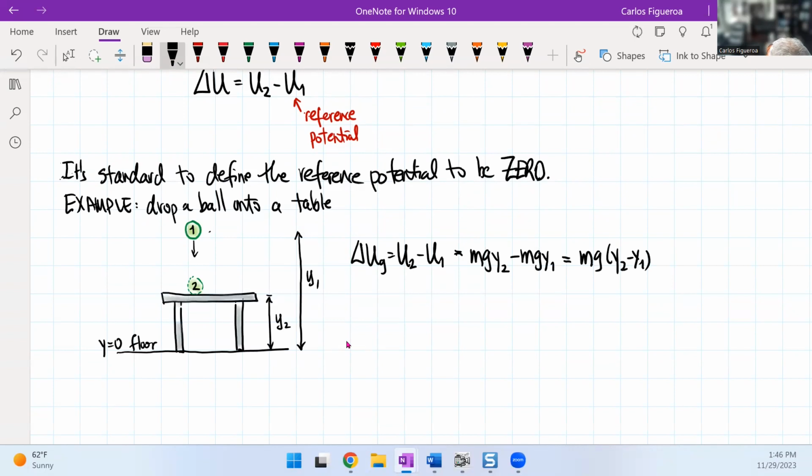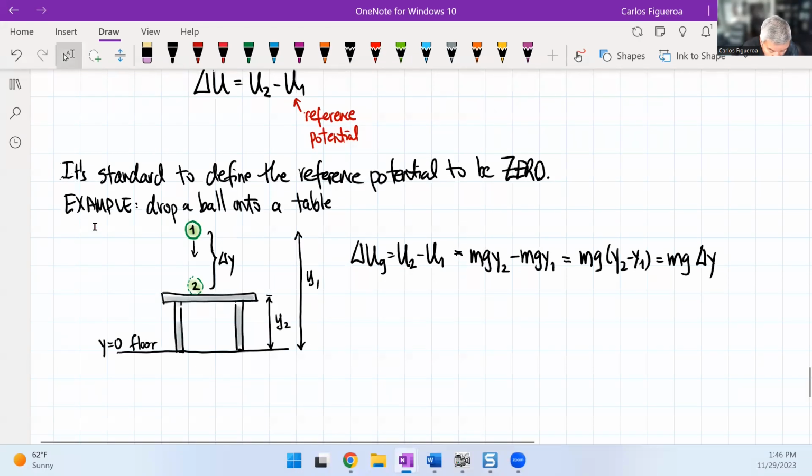And if I define this as my height change, this height change is going to be delta y, no matter what. So this will be mg delta y. Now, note delta y in this case is a negative quantity because it's going down. So that's one way that we could calculate this.